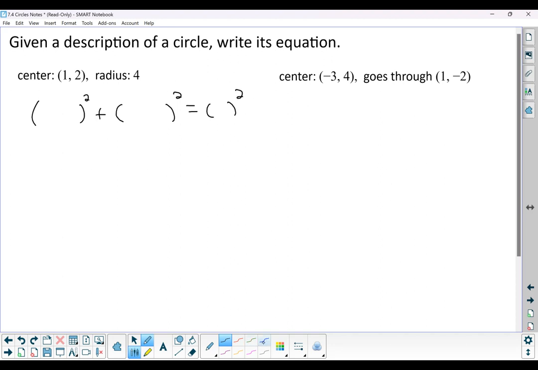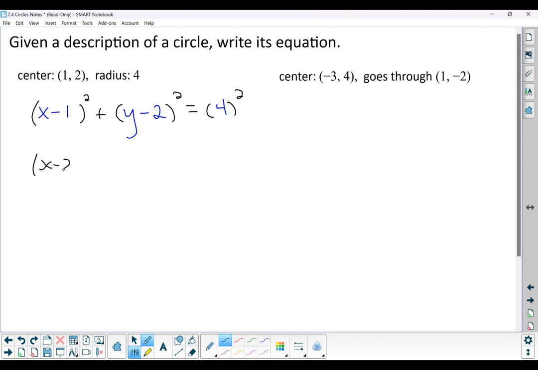And so that can help you with the setup if you're ever not sure. So the first something in our equation is x minus the x coordinate of the center. And then comes our y minus the y coordinate of the center. And then the last part should be the radius squared.